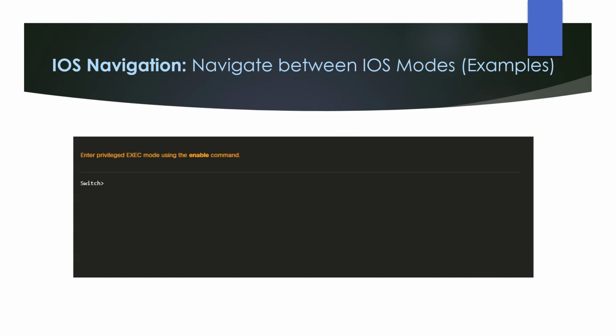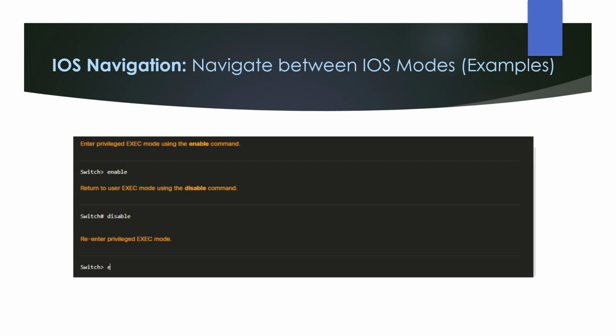And here is a video at the syntax checker to navigate between iOS modes. From going to the exec mode to privilege mode and vice versa, and how to go in the global configuration mode using the configure terminal command, and how to come back to the privilege exec mode with the exit command.